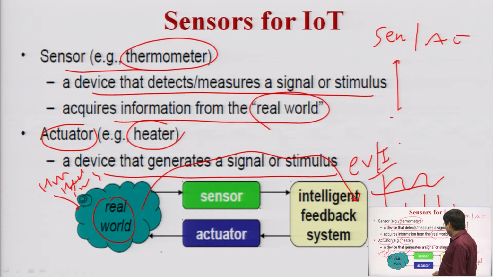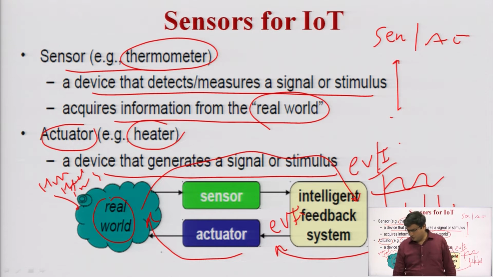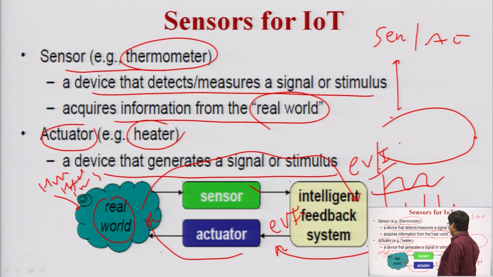And an actuator will do the reverse operation. They take electrical voltage and current as an input and convert it into real world output like heat, displacement, pressure, and mechanical movement. In this figure you can visualize that there is a feedback in the system.